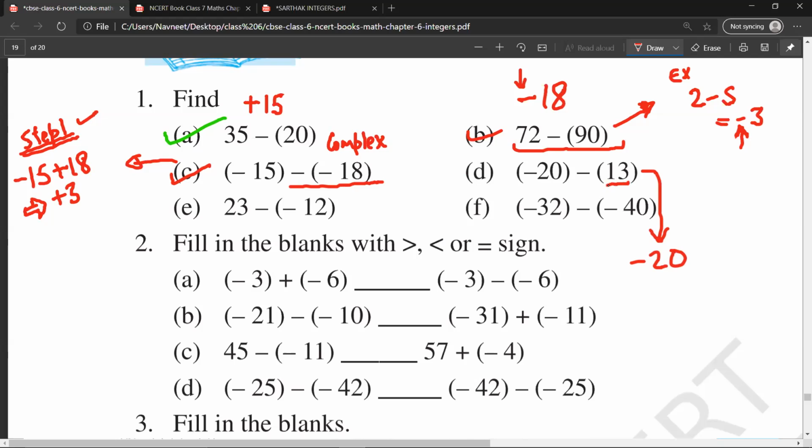What is the sign of this number? Plus. There is a minus standing outside, so this will become minus 13. Yes. This is step 1. And what would be the answer? Minus 7.